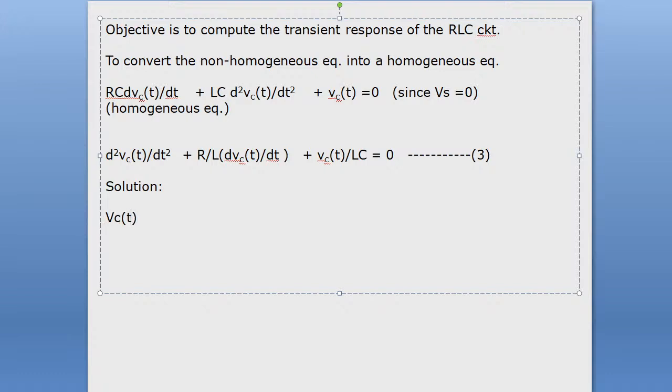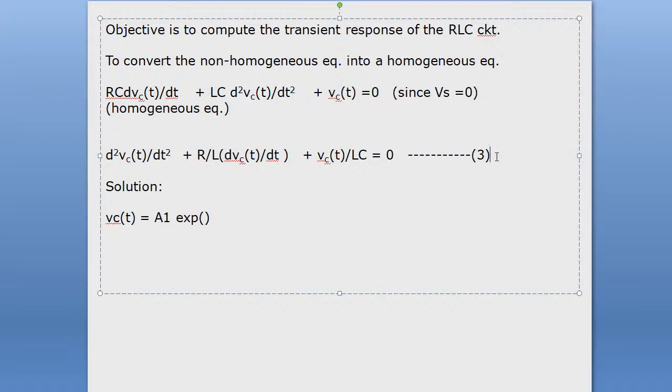The solution VC(t) for this equation is equal to, suppose, capital A1 exponential of alpha 1 t. Alpha 1 is actually a root of this equation.